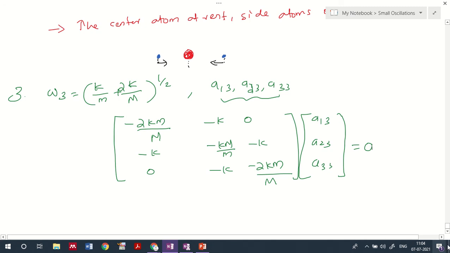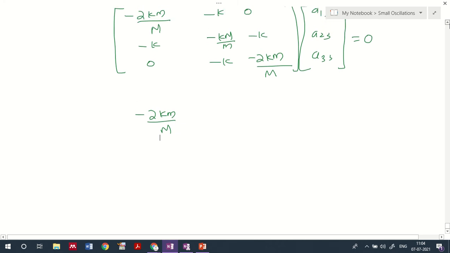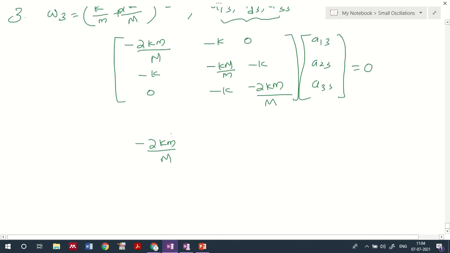Now if you start equating this equation, you get minus 2km by m a13 minus k a23 equal to 0. From that representation we get a23 equal to minus 2m by capital M a13.